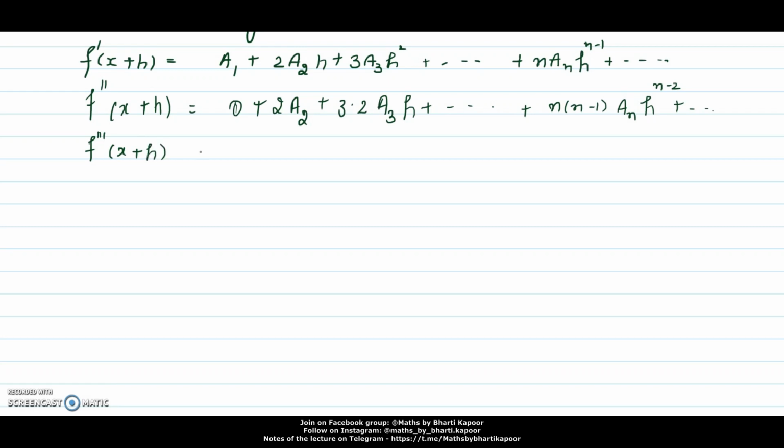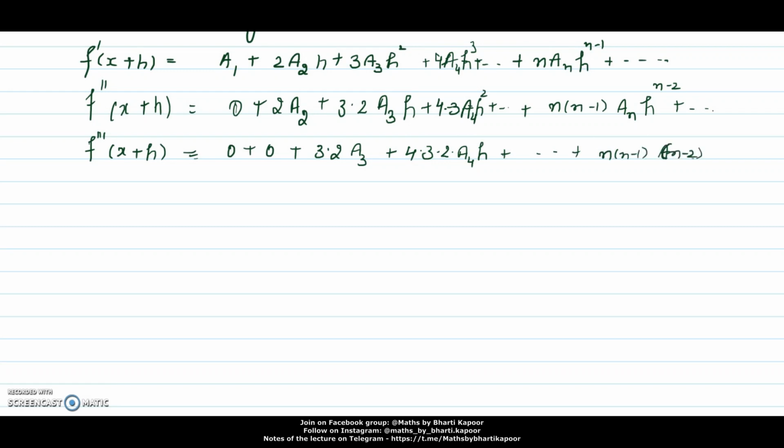So it will be the triple derivative of f(x+h), that will be f'''(x+h) equal to 0 + 0 + 3·2 a3, and derivative of h will be 1, and in the next term it must be a4 h³, and over here it will be 4·3 a4 h² and so on, and over here it will be 4·3·2 a4 h, and so on, n(n-1)(n-2) an h^(n-3) and so on.